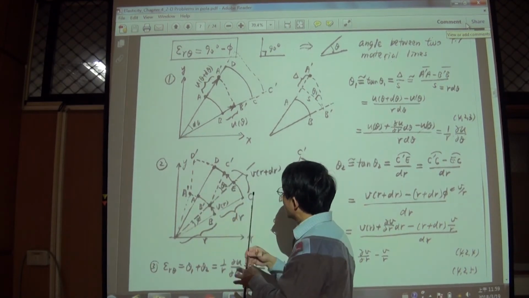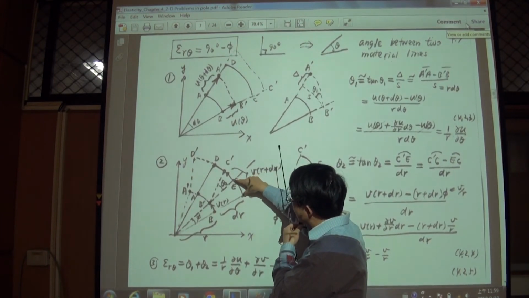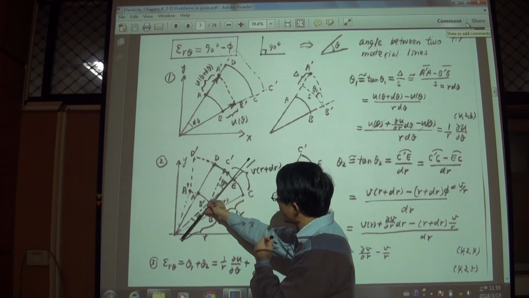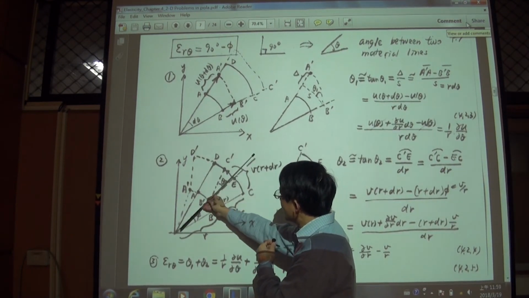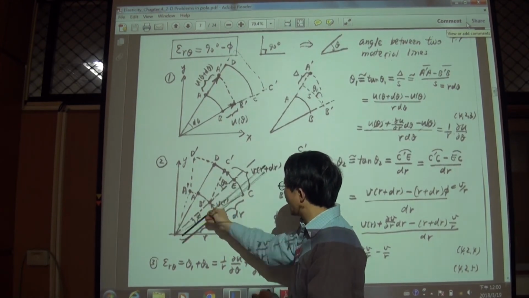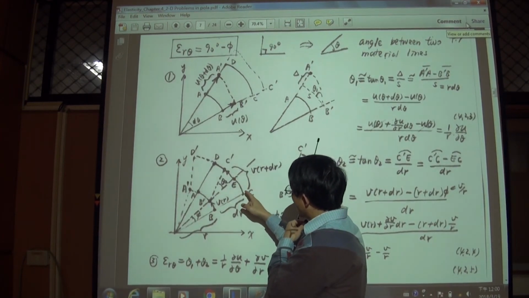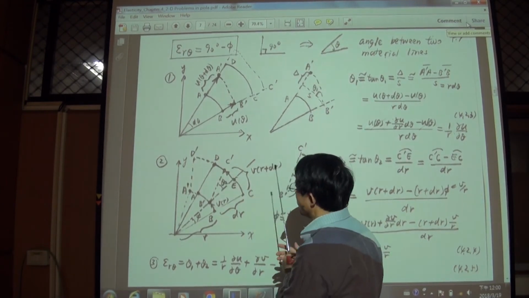If this displacement equals CE, it just rotates clockwise or counterclockwise, then there is no shear strain. But because it does not rotate to here, it rotates from C to C', over-rotating, we have the shear angle.